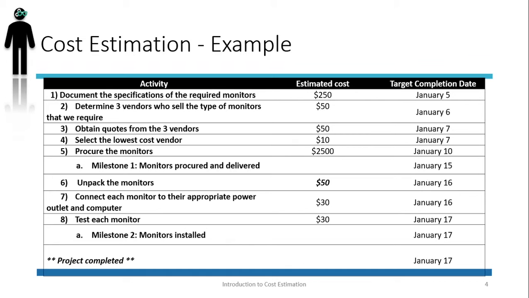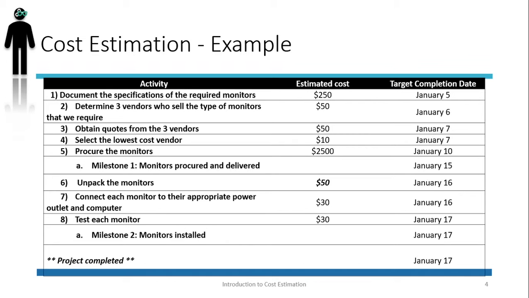In this sample project, after we have estimated the cost of each activity, we can determine the cost of milestone 1 by adding the cost of each activity that leads to milestone 1.